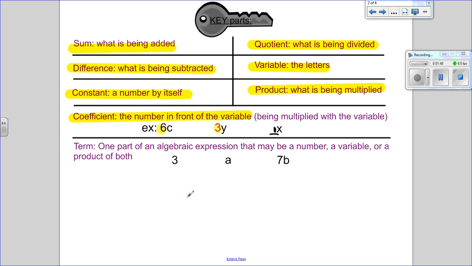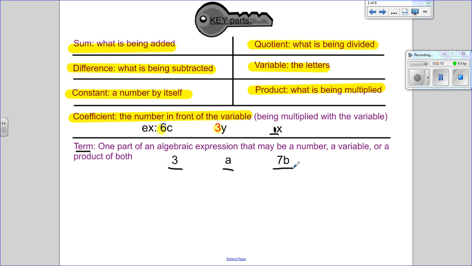Term is one part of an algebraic expression that may be a number, a variable, or a product of both. So 3 can be a term, a variable by itself, of course with that implied sneaky 1 as the coefficient, or 7b, where 7 is the coefficient, is still a term.